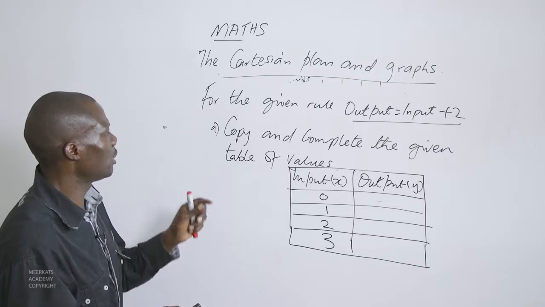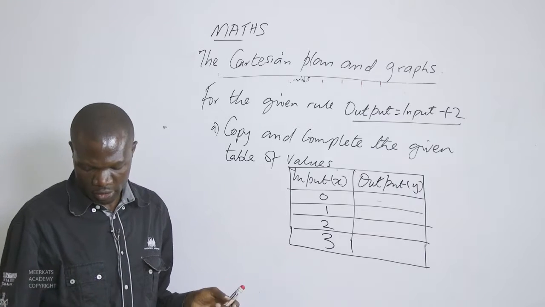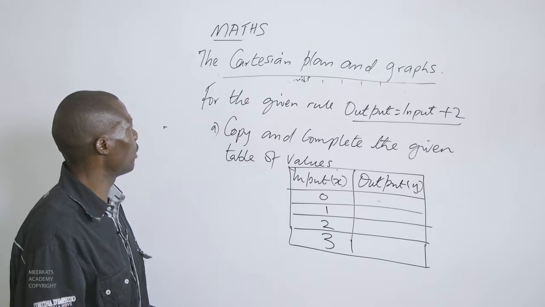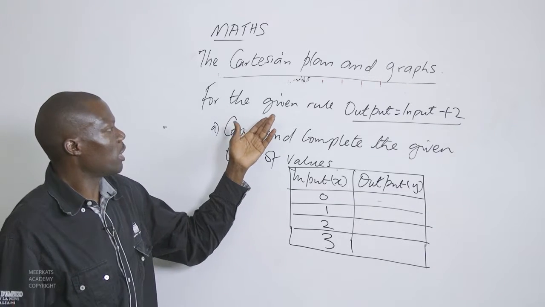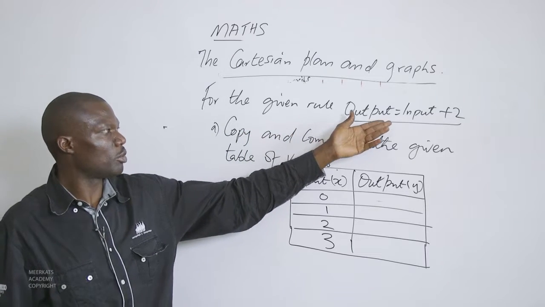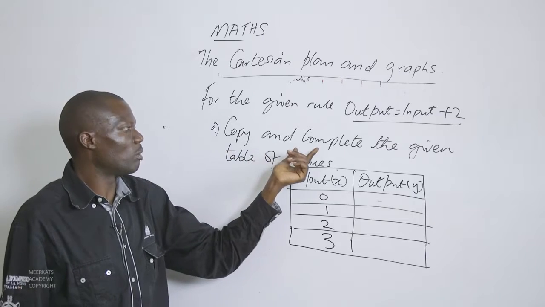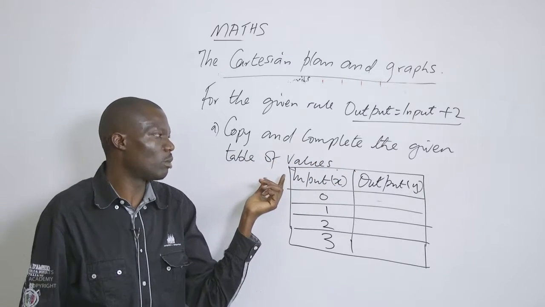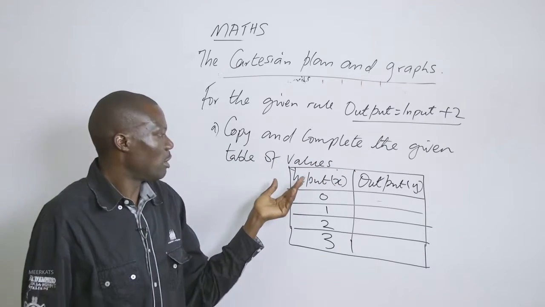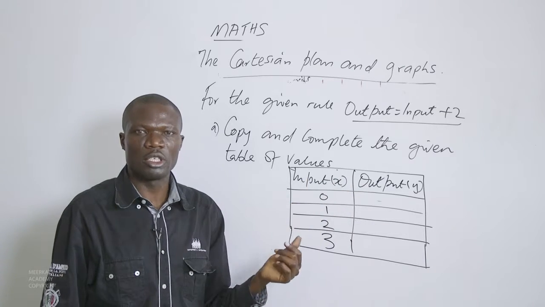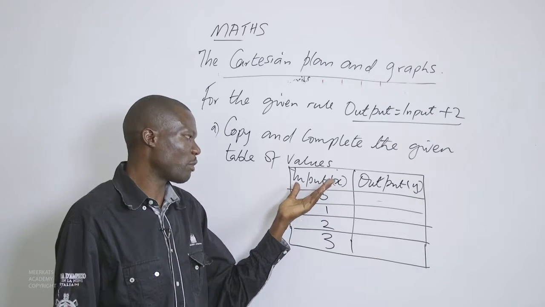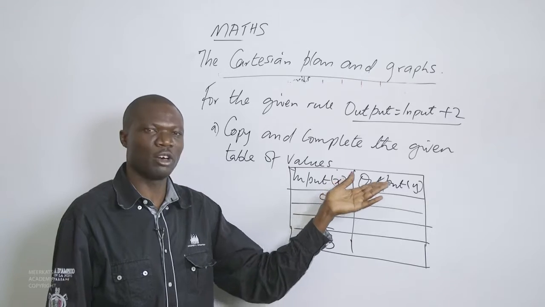So this question, you'll do it as your homework. For the given rule, output is equal to input plus 2, copy and complete the given table of values. Input and output. We have been guided, therefore they have given us input as our x and output as our y.